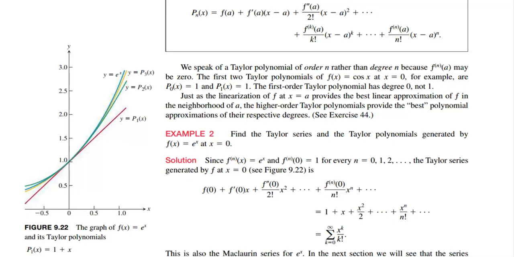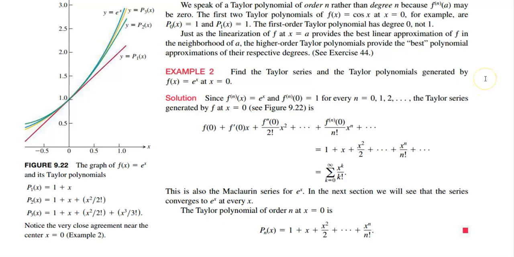The Taylor series generated by f at x equals 0 is f of 0 plus f prime of 0 times x plus f double prime of 0 over 2 factorial times x squared plus, right, plus the nth derivative of f at 0 over n factorial times x to the nth power. That's 1 plus x plus x squared over 2 plus, up to x to the n over n factorial.